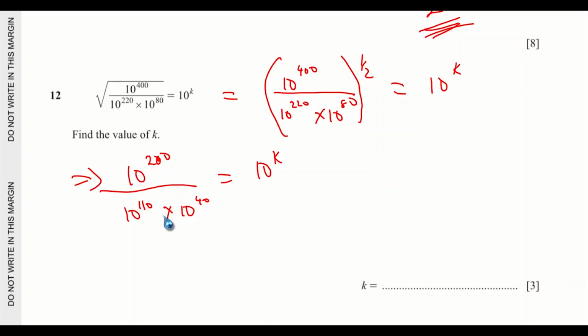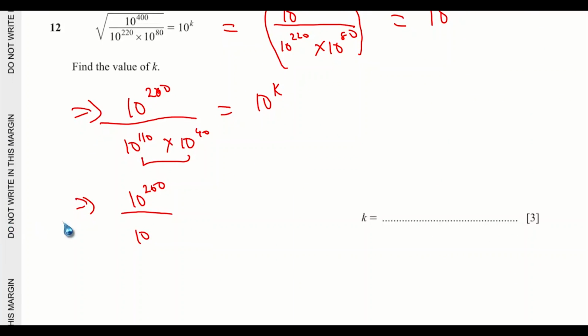Now we can apply multiplication of indices to these two. We have the same base, so we pick the base and add the powers: 10 to the power of 200 over 10 to the power of 110 plus 40, that is 150, equals 10 to the power of k.